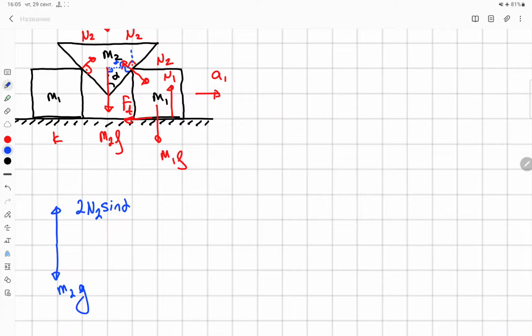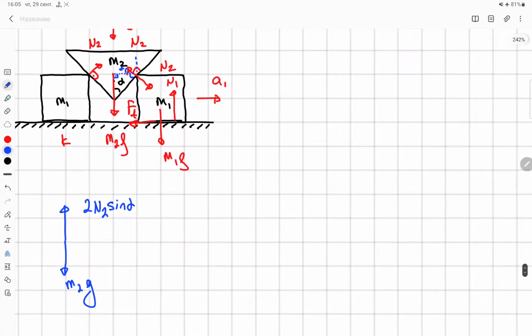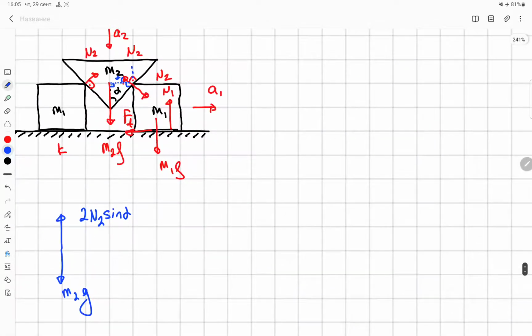And the horizontal component is not important because it will not move in the horizontal direction. That's why I will not draw it. So it will move downward with acceleration A2. So according to Newton's second law, M2G minus 2N2 sine alpha equal to M2A2.